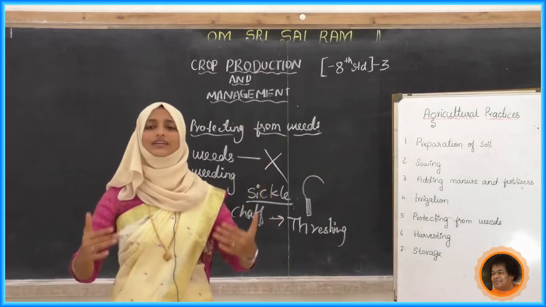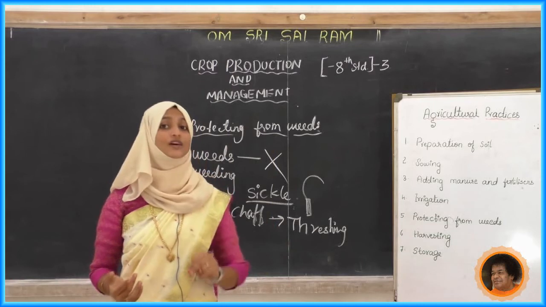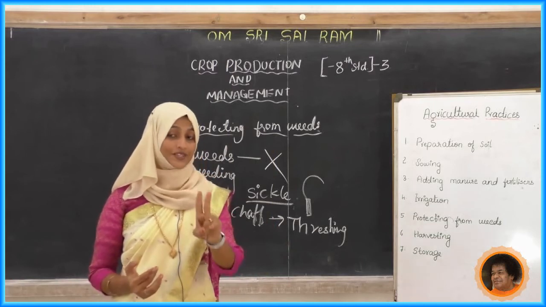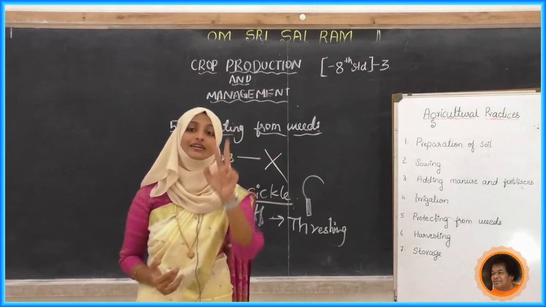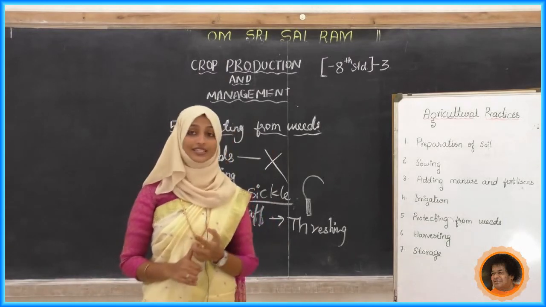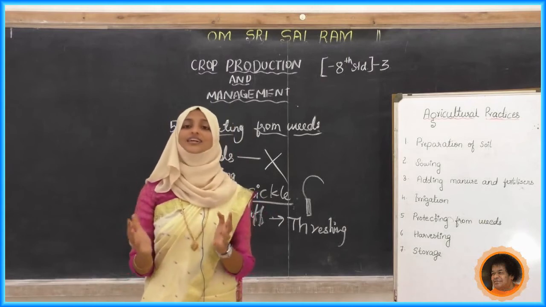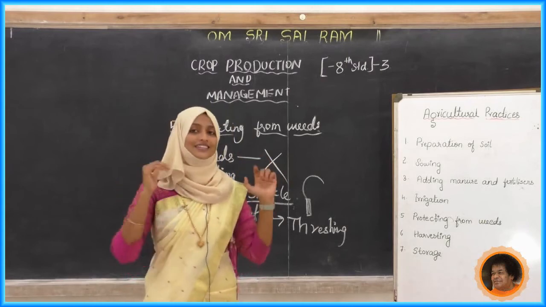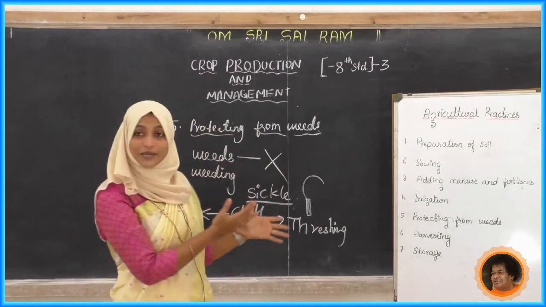Next we'll glance from the beginning at what all we have studied. There are two types of crops by season, kharif and rabi. We have studied the difference between them and examples also. After that we discussed agricultural practice, in which we discussed 7 steps.